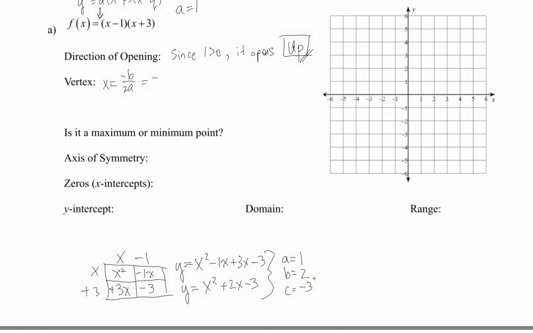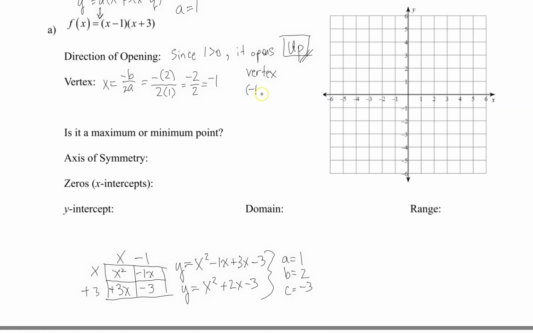Now I can go back and say, okay, negative the value of b, and b is 2, so I'm going to put negative 2 over 2a, and a is 1. So this is negative 2 over 2, and negative 2 divided by 2 is negative 1. And so our vertex is the point with x-coordinate negative 1.